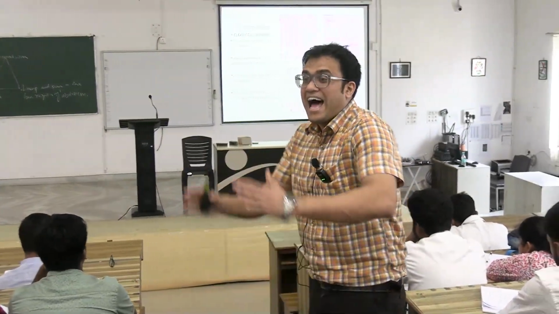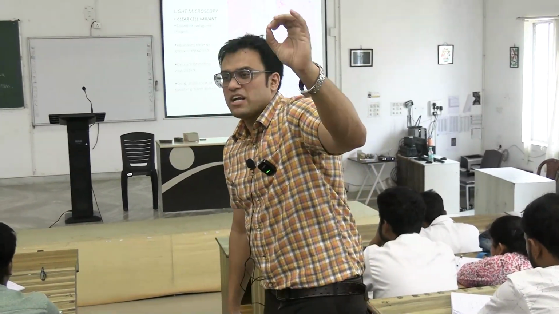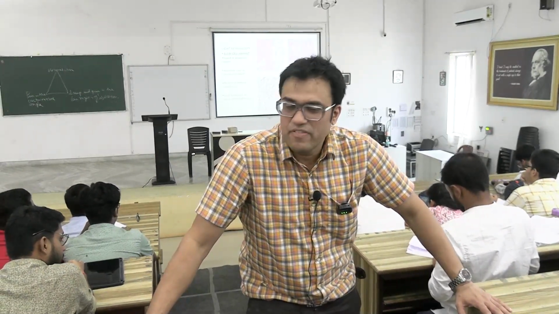Okay? And these cells are surrounded by thin walled blood vessels. This delicate, fine network, these cells are separated by a fine network of thin, delicate, branching vascular channels giving rise to a chicken wire appearance.